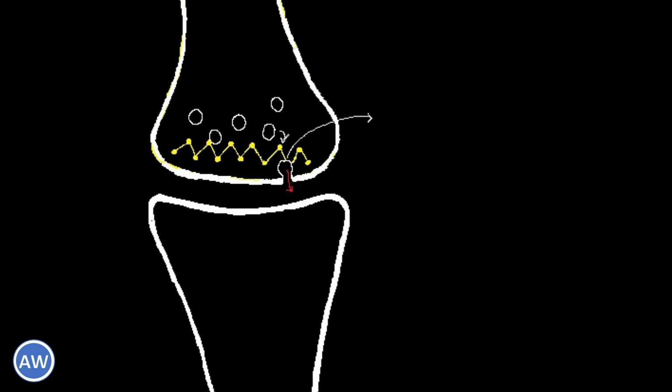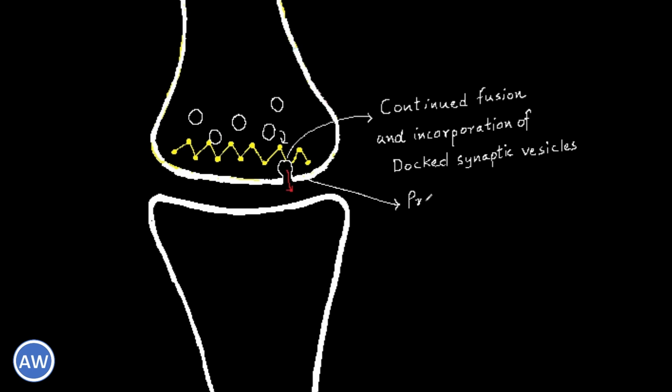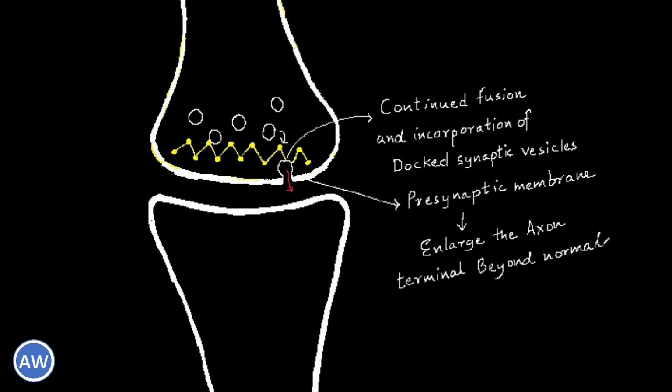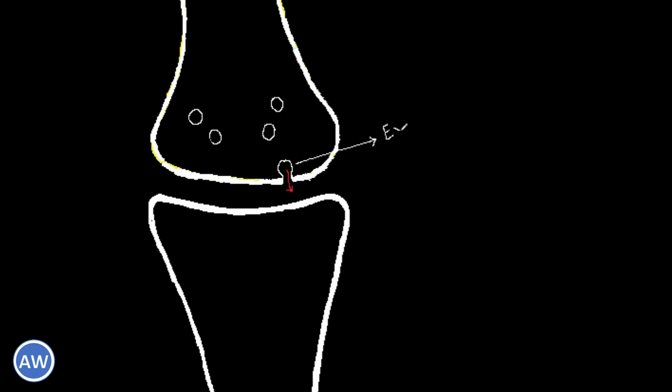Another important mechanism exists to check the continued fusion and incorporation of the docked synaptic vesicles into the presynaptic membrane, because if this is allowed to happen, it would enlarge the axon terminal beyond the normal limit. Therefore, this excess membrane of the synaptic vesicles is recaptured by the formation of some clathrin-coated pits.